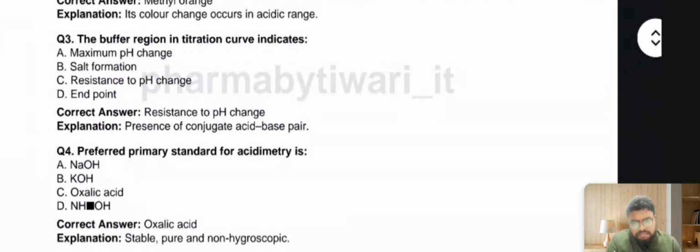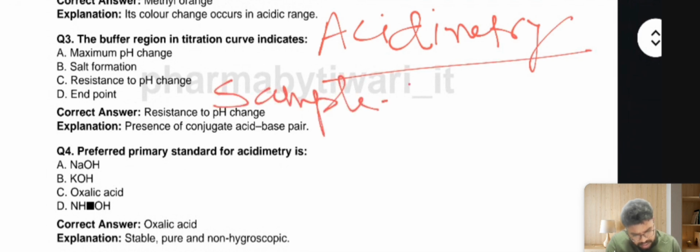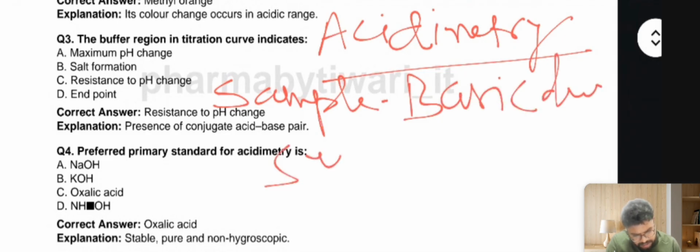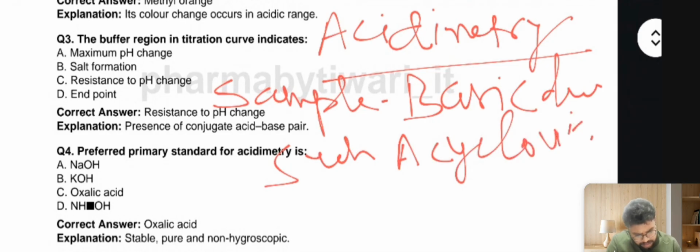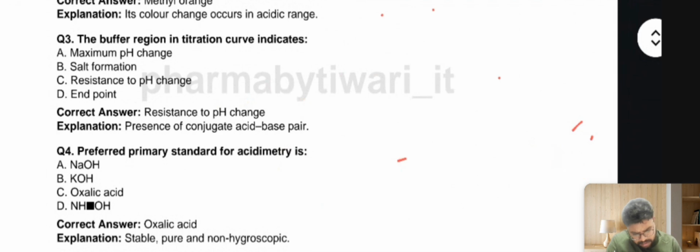Let's discuss acidimetry and alkalimetry titration. In acidimetry, we take a sample of only basic drugs, such as ephedrine and similar drugs.